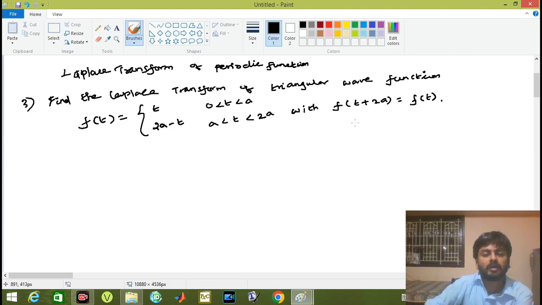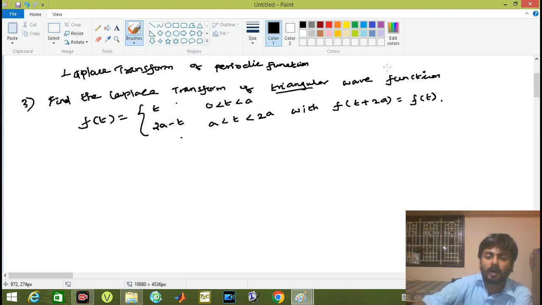So we have seen our first problem as rectangular wave function. For that we have given f of t equal to 1 and minus 1 for 0 less than t less than b and b less than t less than 2b. Now we have mentioned it as triangular wave function, where we have taken f of t equal to t, 2a minus t.